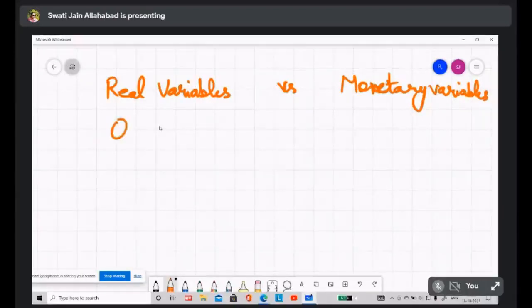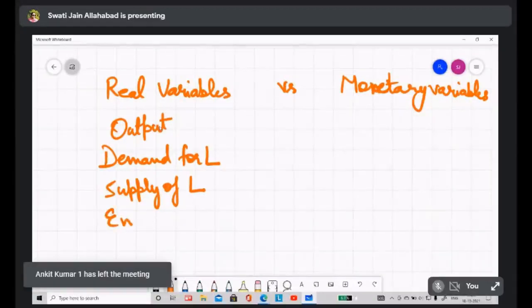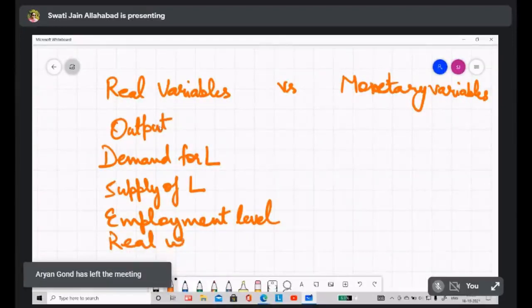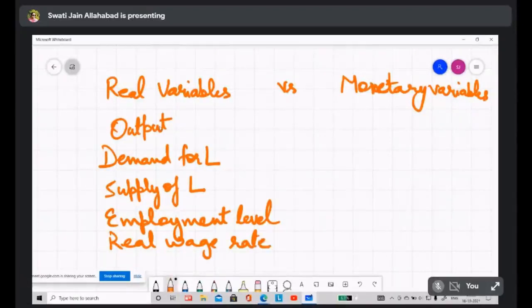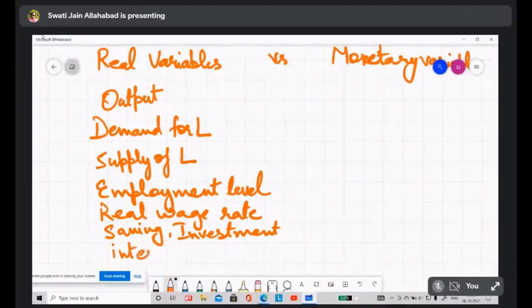Real variables means output, demand for labor, supply of labor, employment level, real wage rate, savings, investment, interest rate, all are these real variables.